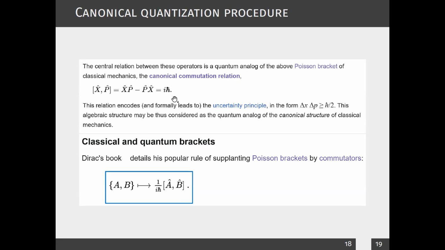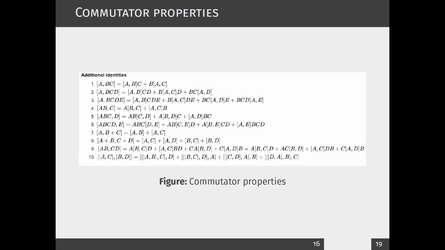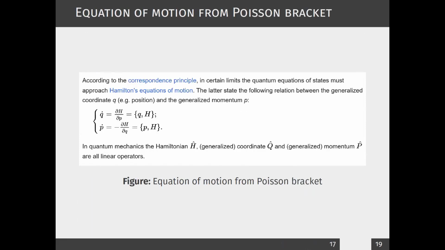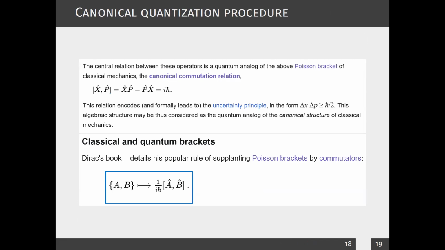So let's say you have a certain theory and you want to impose quantization. It's very tricky that commutation relations are built into the Poisson bracket formula, even in classical mechanics. So if you deal with the Poisson bracket equations of motion expression, then it's very easy to quantize the system.